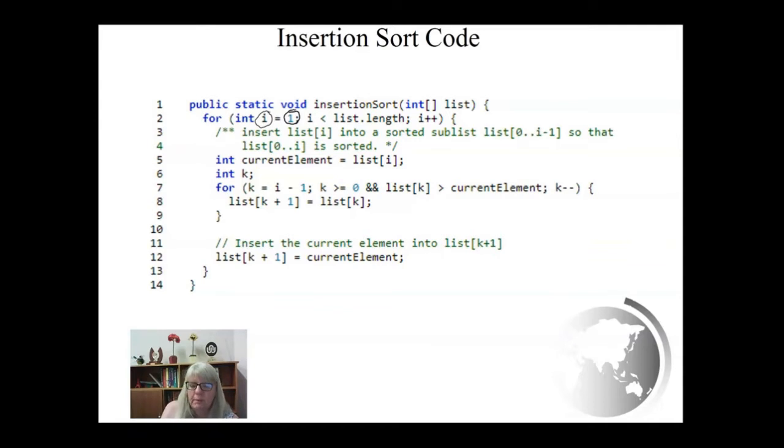Now, in my depiction, I moved the ith element forward to make space, and this is here. Current element is the placeholder for that element. And now I'm searching with the inner loop, that's from K. I'm searching from position I minus 1.